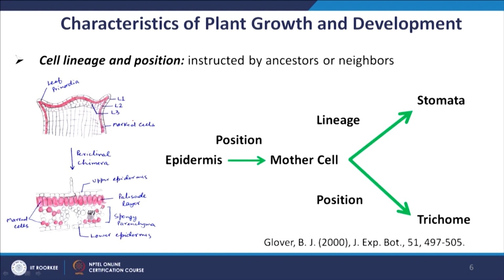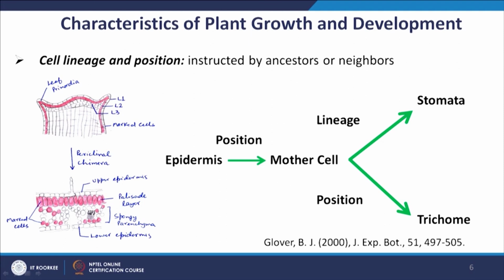Another kind of chimera could be the periclinal chimera. Here, for example, it is known that the shoot apical meristem has basically 3 layers, layer L1, L2, L3, and it is known that the epidermis, which is the outermost layer of any organ, is derived from L1, and L2 is usually giving the cell layer which is beneath the epidermis.